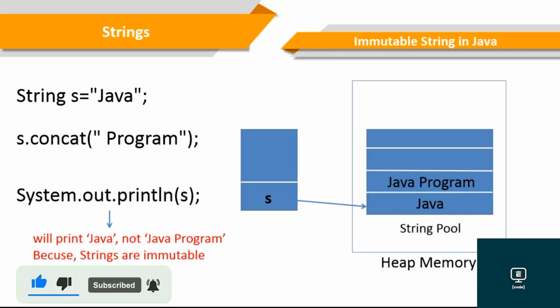And as you see here in the figure, 2 objects are created, but reference variable s still refers to Java, not Java program. Because, say it with me, strings are immutable objects. So we'll introduce the StringBuffer and StringBuilder classes, which are mutable, in the upcoming slides.